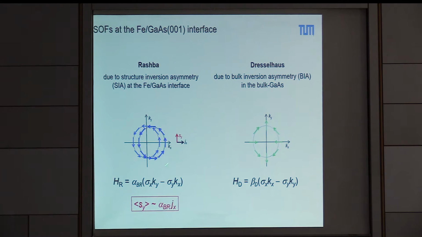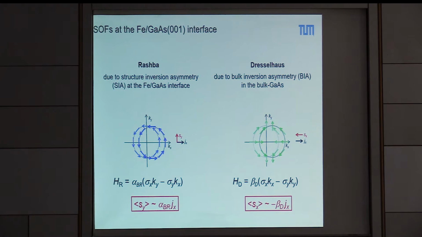Now, if we run a current, we displace the Fermi surface here. We can see now we have a net spin accumulation that builds up. So we have a spin accumulation in the y direction, which is proportional, of course, to this coupling constant here. And the same happens here. In this case, you get a negative spin accumulation along the x direction if you run a current along the x direction.